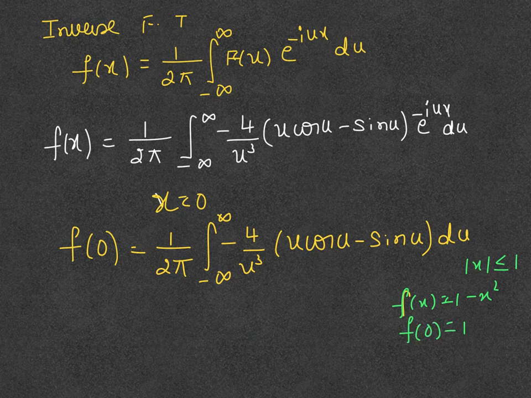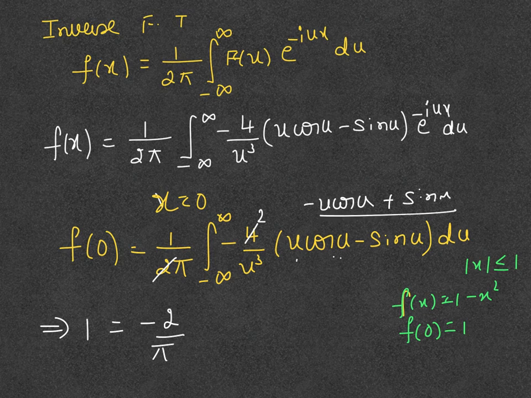So substituting that we get 1 is equal to, here 2 gets cancelled. I'll take minus 2 by pi out, minus 2 out, divide by pi is there. And if you take u cos u, when you replace u by minus u, we get minus u cos u, and sin u we get minus sin u, and divide by u cube becomes minus u cube.